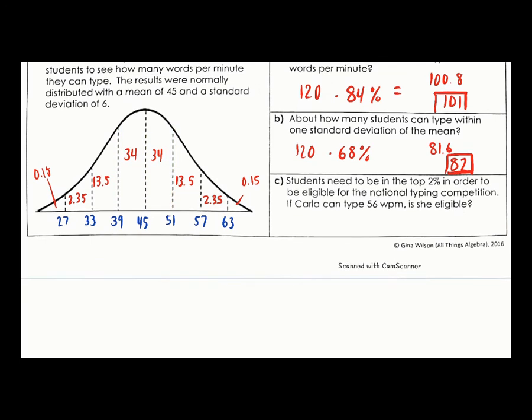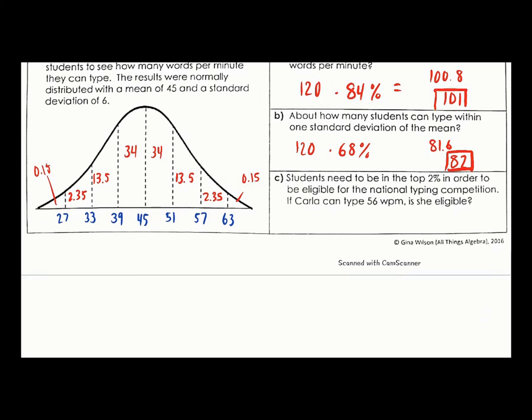But C says students need to be in the top 2% in order to be eligible for the national typing competition. If Carla can type 56 words per minute, is she eligible? I want you to think about this. Where does 56 words per minute fall? Well, it has to fall right in here, doesn't it?